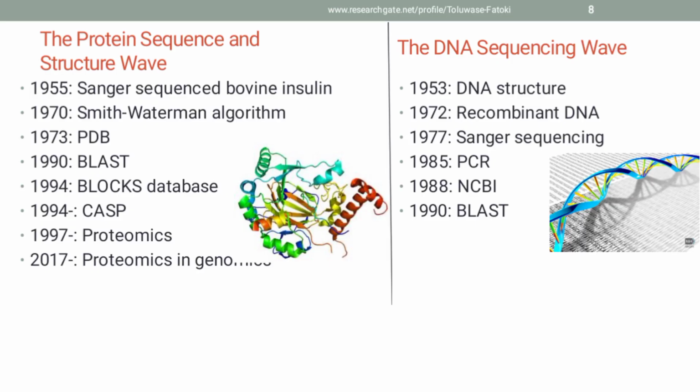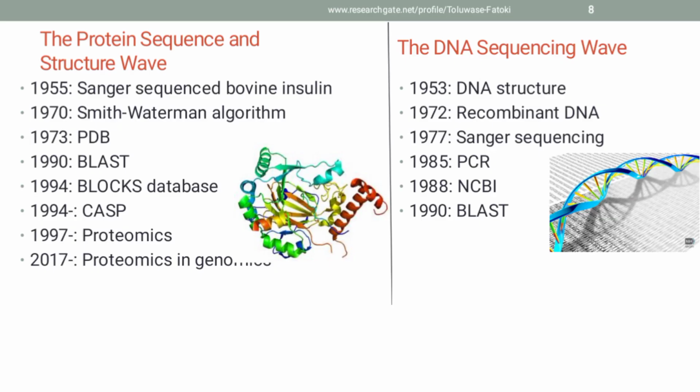And then in 1977, Sanger also developed technology for sequencing DNA, and that served as a revolution in the field of genomics. And also in 1985, PCR technology was developed.